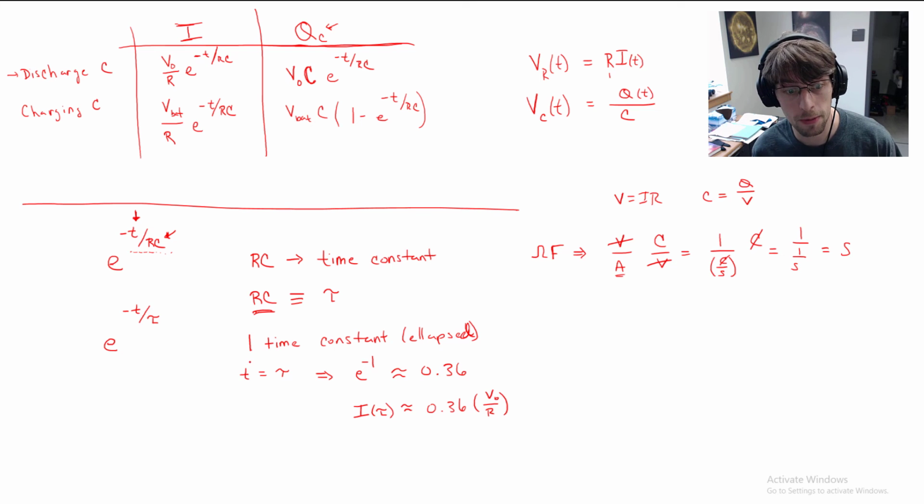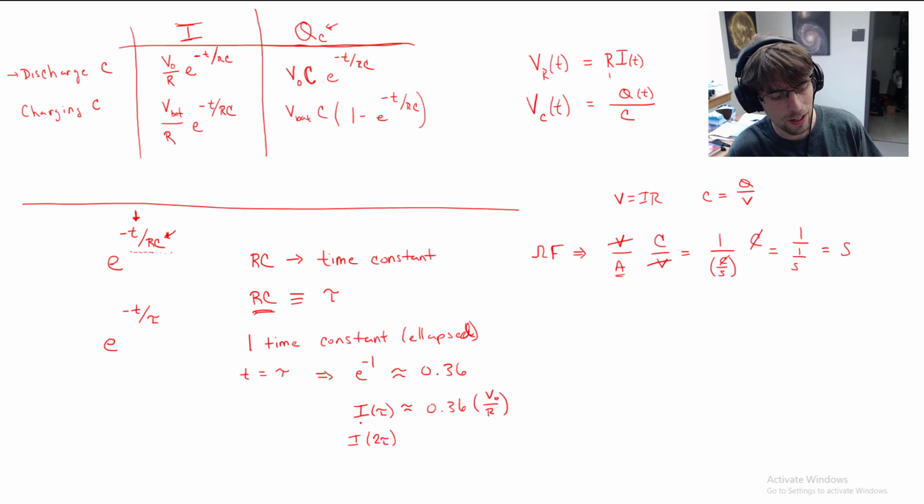Or if you evaluate after two time constants, what's e raised to the negative 2? Parentheses are important. This would be something like 13%. I'll round to 14%.